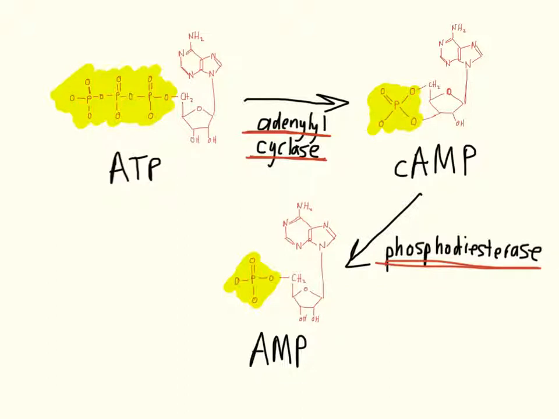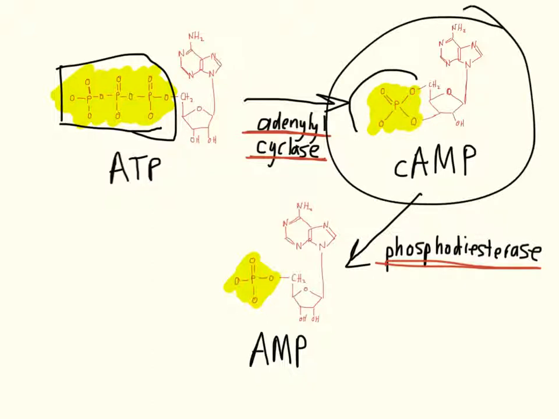Let's go through the structures of ATP, cyclic AMP, and AMP. So here we have adenosine triphosphate with the 3 phosphate groups, and that's converted into cyclic adenosine monophosphate, which is shown here, by adenyl cyclase.